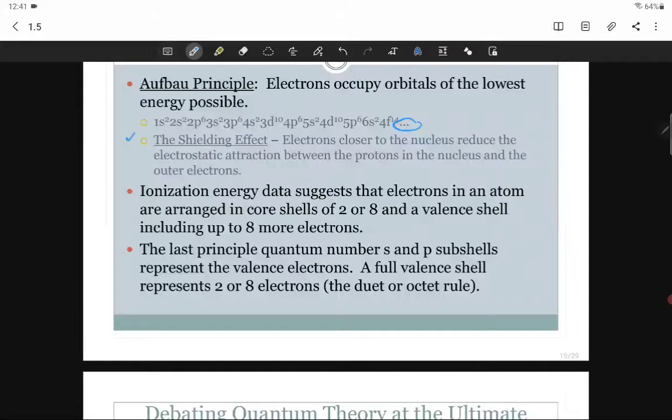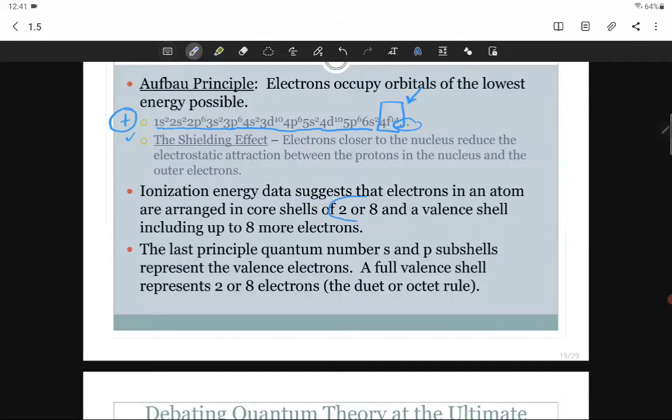What that means is all these electrons get in the way between these electrons and the nucleus. That's kind of like having all those pieces of paper between the magnet and the refrigerator. So these electrons way out here are not very attracted to the nucleus, meaning that you could pull those away very easily. And the further out you get, the easier they are to pull away.